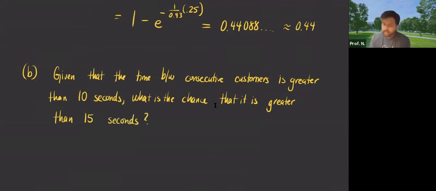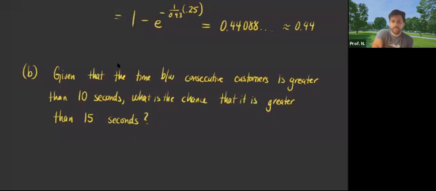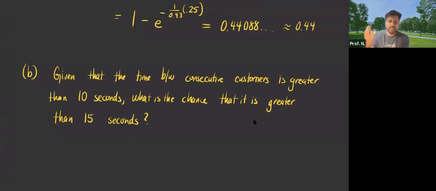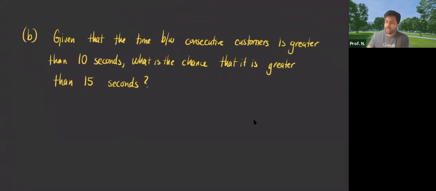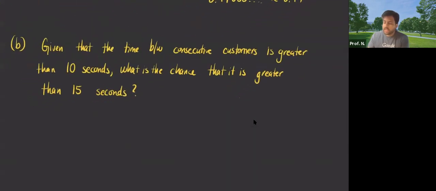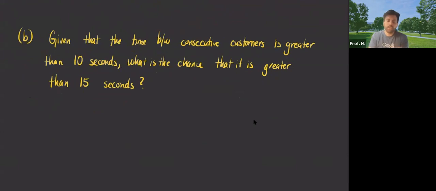So if you notice, this is all immediately a conditional probability question, correct? And hopefully you see in this example what memorylessness in dealing with exponential random variables really means. So I'm saying, suppose that the time it takes for consecutive customers to arrive is greater than 10 seconds.